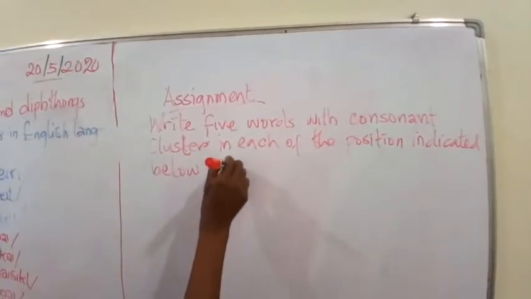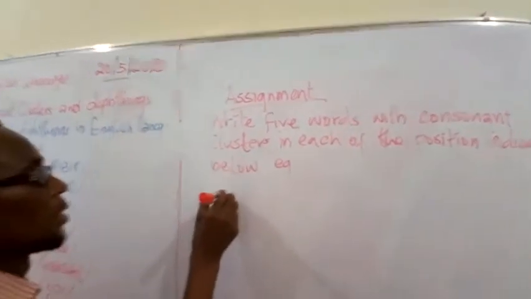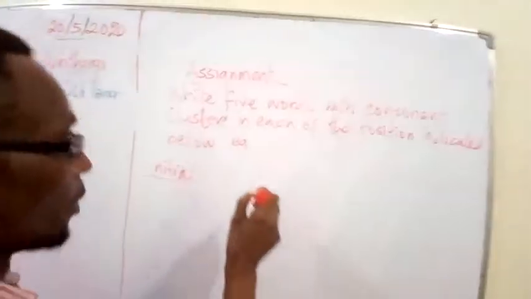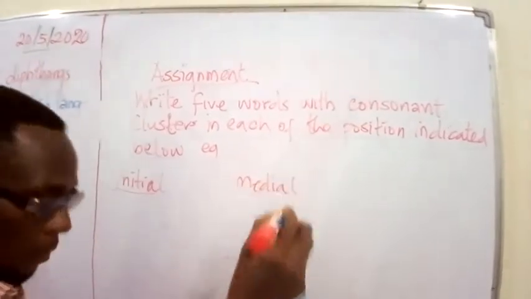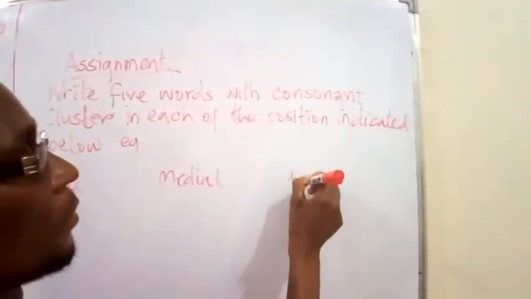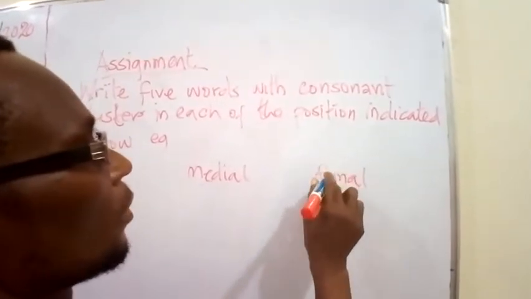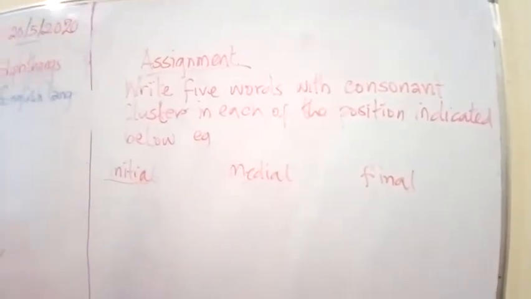For example, all you need to do is something like this. Initial, medial, then final. Final is when it is at the end of the sound. Okay, let me do one for you.